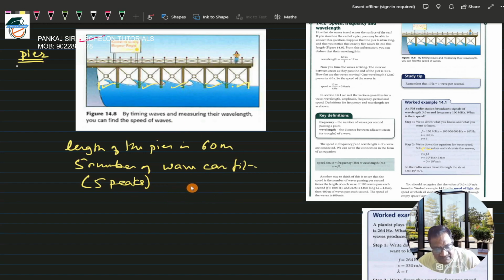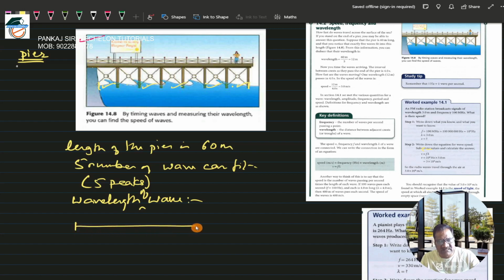Now he is asking you to find out the wavelength of the wave. How are we going to find out the wavelength? Now I will demonstrate here so that you understand it very nicely. Suppose this is 60 meters, and you have 5 peaks.